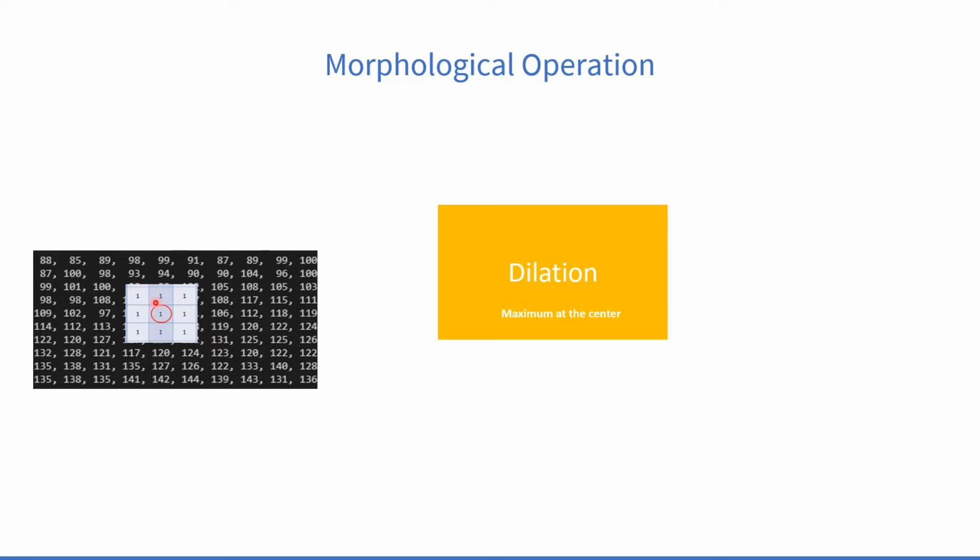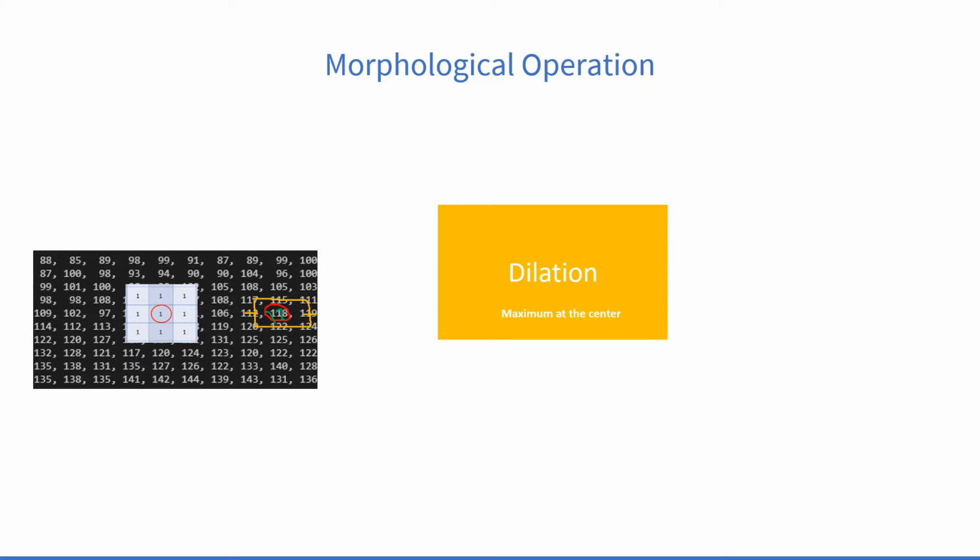Let's say one example here. Here 118 is our center pixel, and I will go and see all the neighbor pixels, and let's say the maximum is 124. So I will replace this 118 with 124.